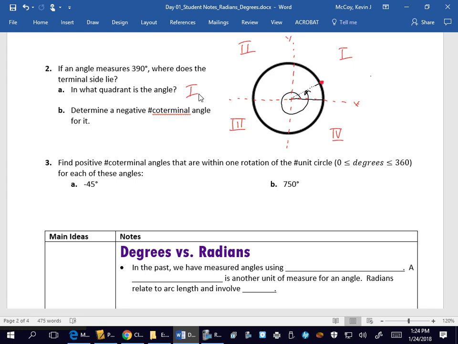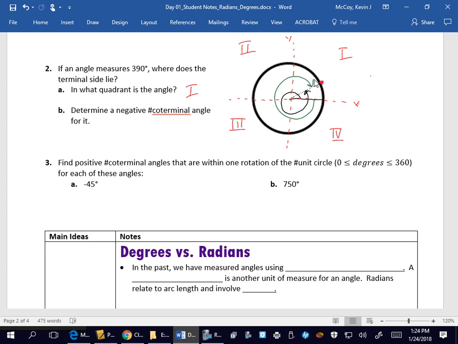And then it says determine a negative coterminal angle for that particular side. Well, a negative coterminal angle would be starting here and going this direction, but I can stop right there.